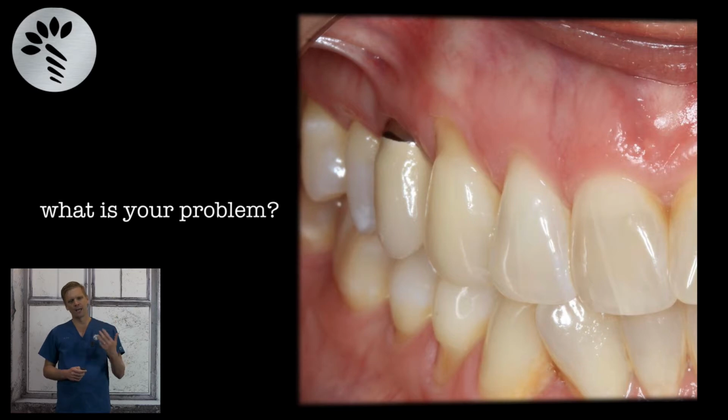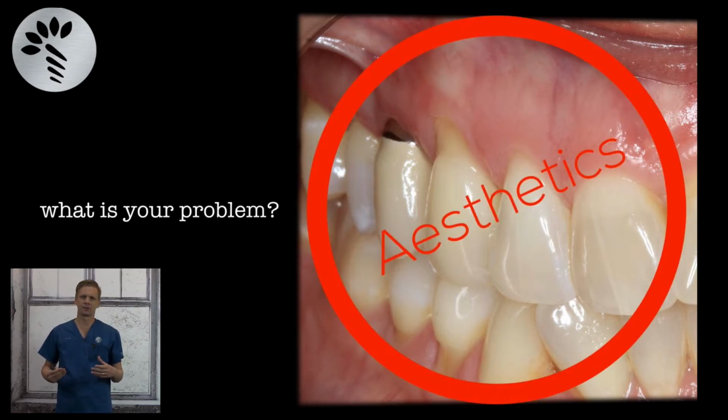Of course, we have aesthetic issues. So now the reason why I'm thinking about the goals is because the way you approach soft tissue grafting should be entirely driven by whatever you're trying to achieve. So in this particular case, the patient's main concern is the way it looks. If her only concern was to stop it getting worse, then the type of treatment I might do might be quite different.